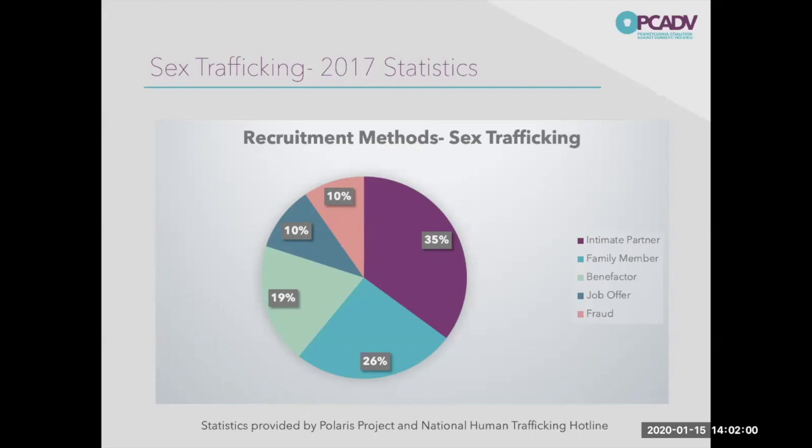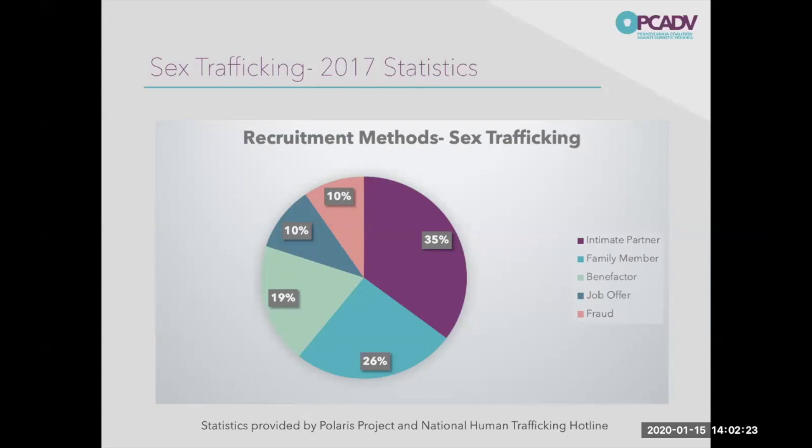Now, I use the term intimate partner in air quotes often when I do this training in person, because we know that traffickers often pose, going back to that force, fraud, and coercion, that fraudulent relationship that they will cultivate with a person who they are trying to groom and recruit.